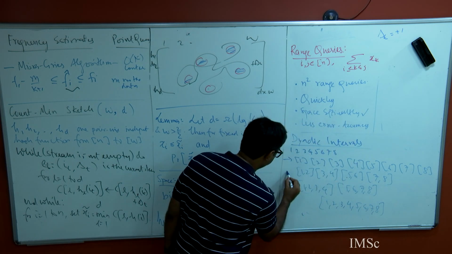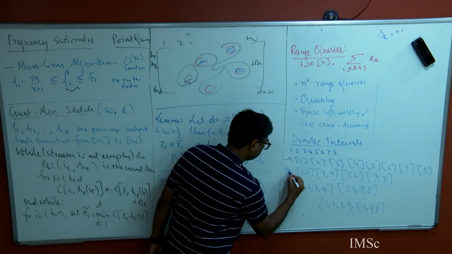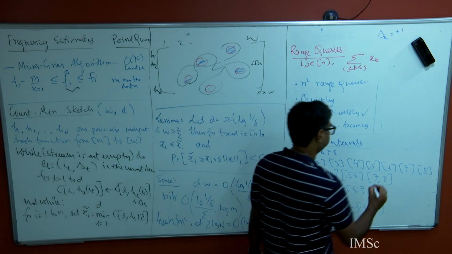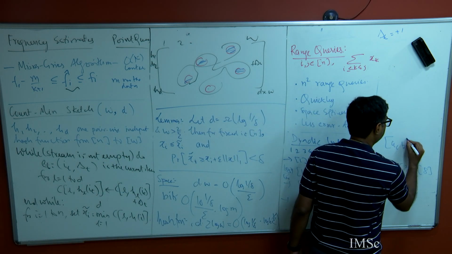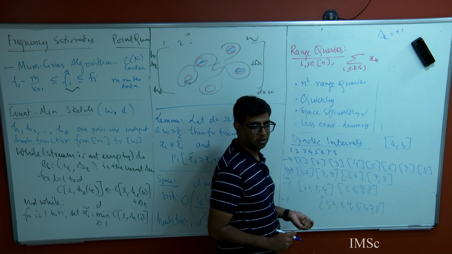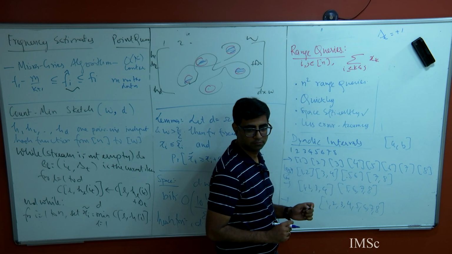So how many levels will we have? Log n levels. Now if I give you any interval a comma b, you can cover it with intervals from here, with at most 2 log n intervals which are pairwise disjoint.